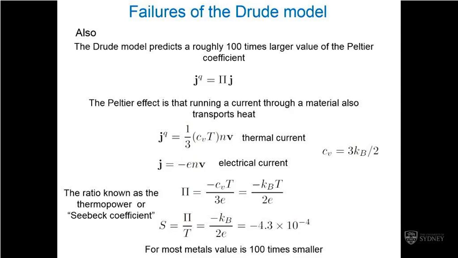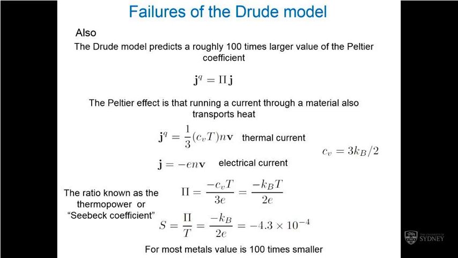But what is used more in physics studies, experimental and theoretical, is the quantity called the Seebeck coefficient. So what's that? That's just this Peltier coefficient, but putting the T underneath. So just Peltier coefficient divided by temperature. It's called the Seebeck coefficient. Other people may know it as a thermopower. Have you heard of the thermopower before? Yeah, maybe not.